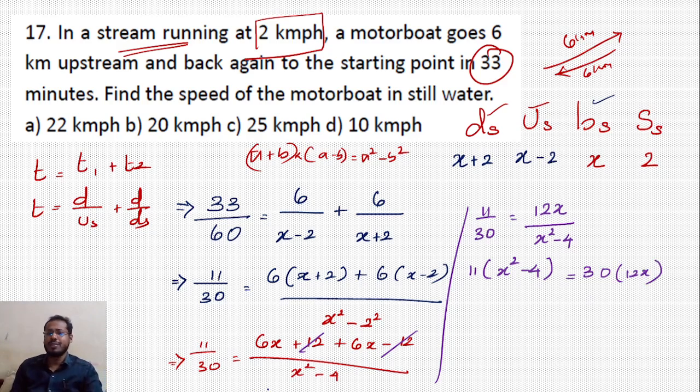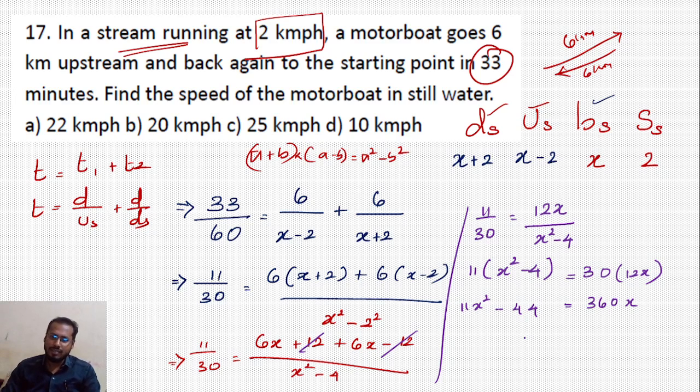Now you can already understand how our answer will come. Then 11x square minus 11 times 4, which is 44, equals 360x.